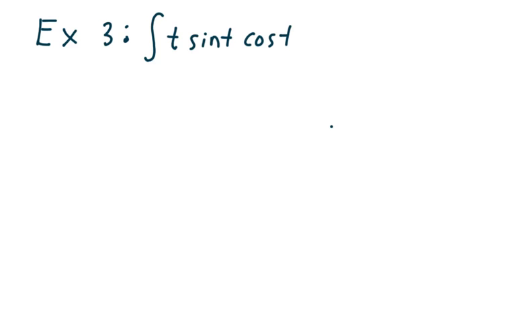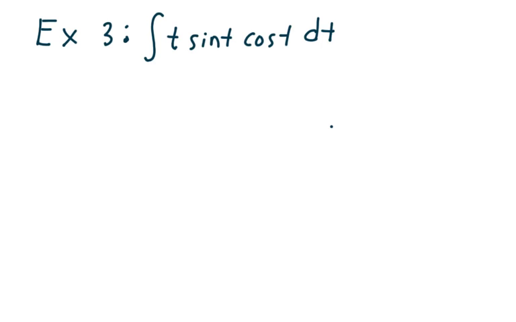Let's take a look at example 3. Now, suppose I give you this one. Suppose I had the integral of t sine of t cosine of t dt. And so I run through the combinations.